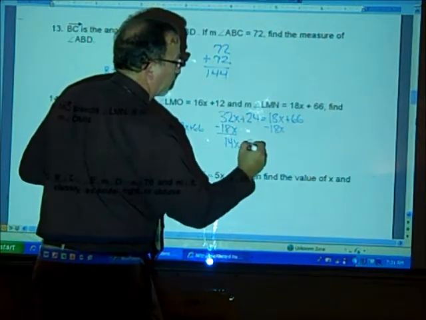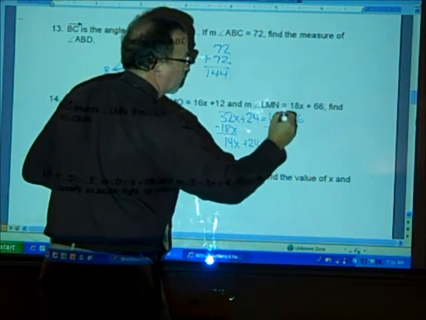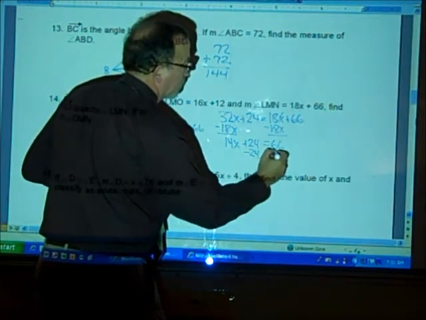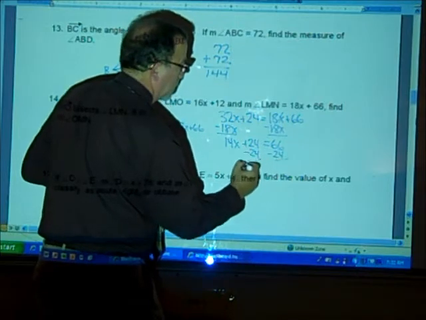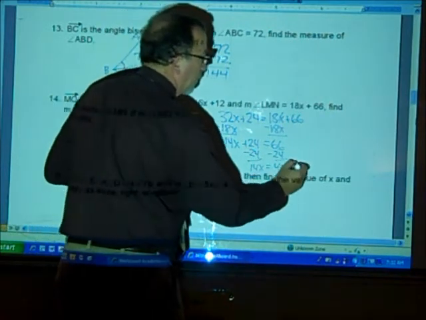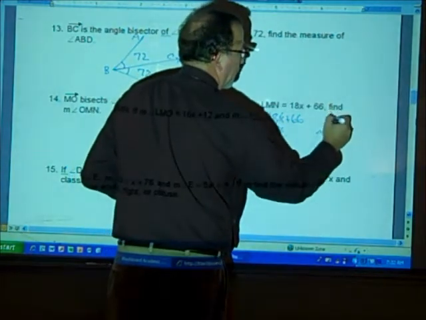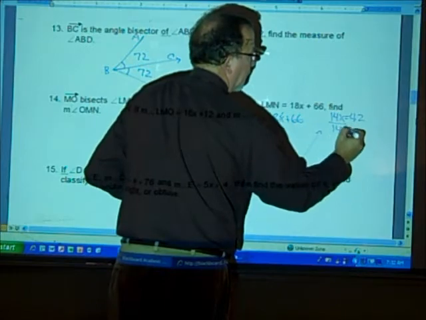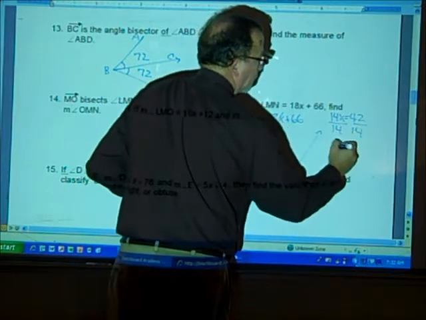We got plus 24 equals 66. We're going to subtract 24 from both sides. 14x equals 42. Divide by 14. X equals 3.